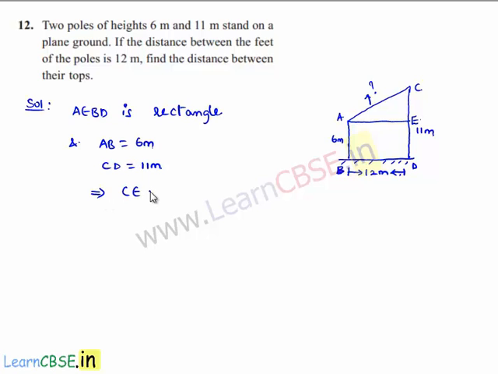Then we get CE or EC is equal to CD minus ED, which is CD minus AB, as it is a rectangle. That is equal to 11 meters minus 6 meters.